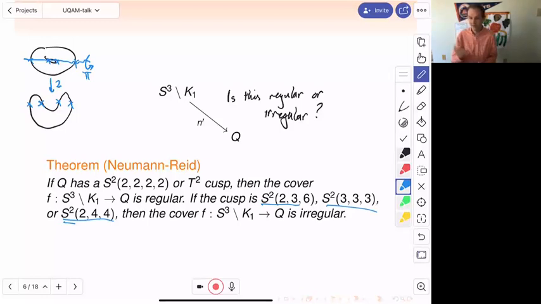And you can just see that by looking at the homology of the knot complement, that the homology can't be preserved by a rotation of order 3 or order 4 acting on the cusp, which necessarily would show up in the peripheral subgroup of Q.